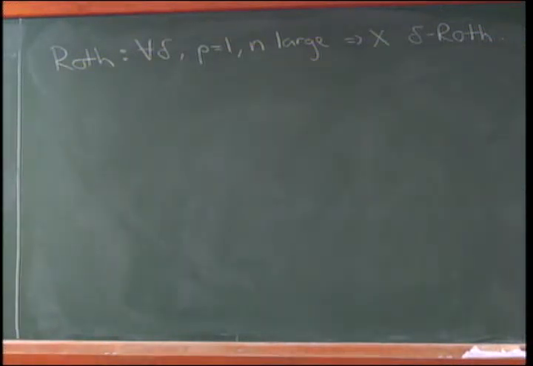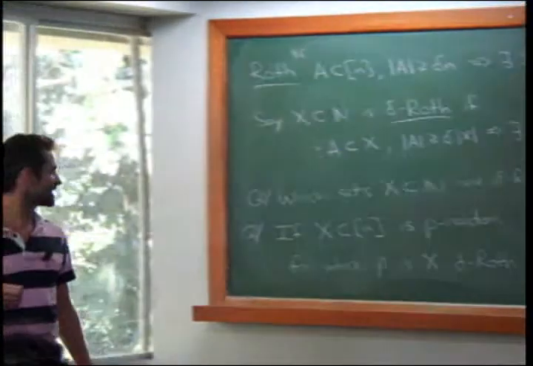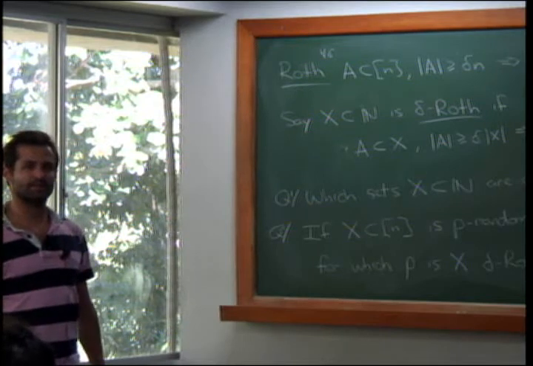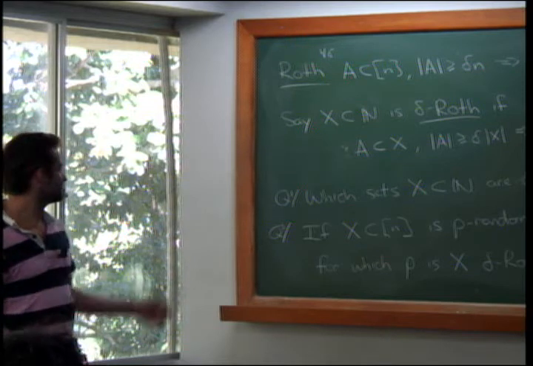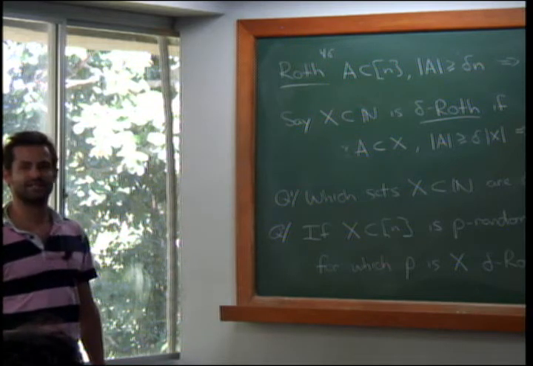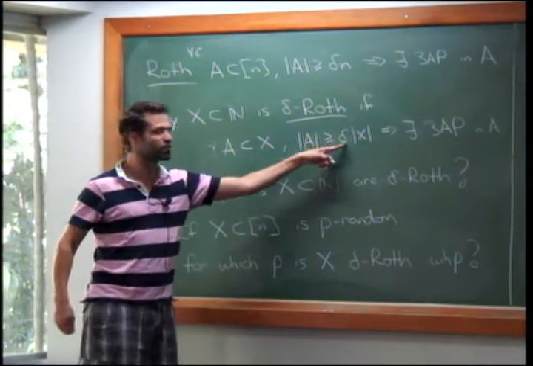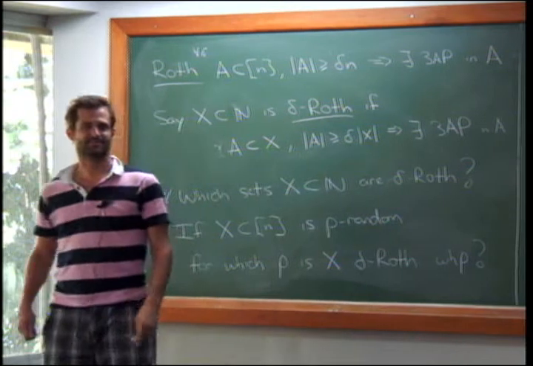Right, so we're looking at a fixed delta, n very large, and some p which can depend on n. Take a random subset of 1 up to n by choosing each element independently with probability p, and ask if X is likely to be delta Roth, meaning if you take a delta proportion of the elements, then you have to find a 3AP.